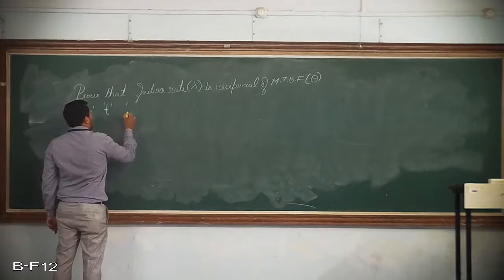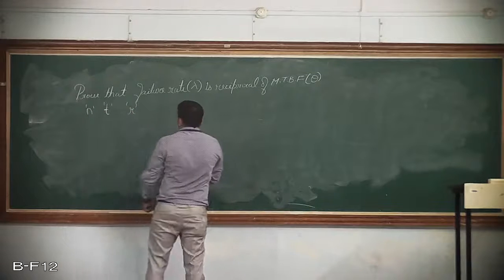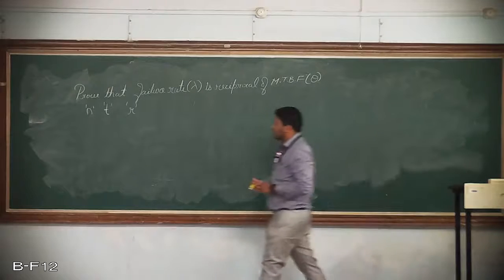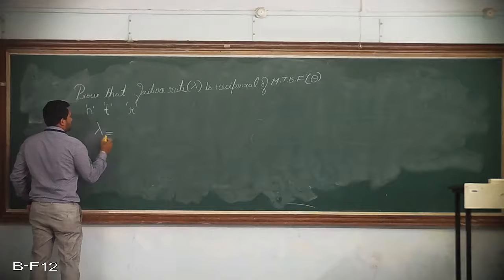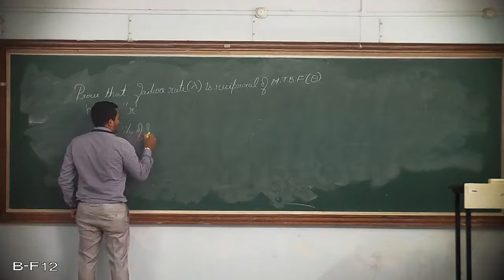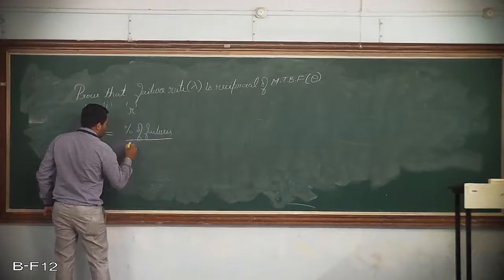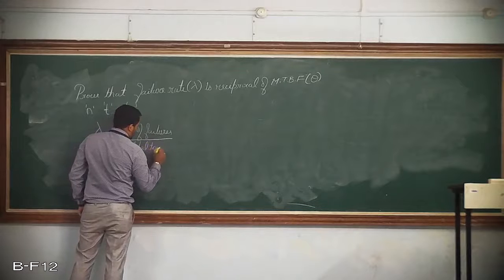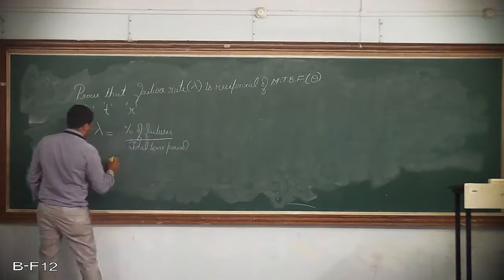But the number of components that fail is given by r, and we know that the failure rate lambda is equal to the percentage of failures divided by total time period.